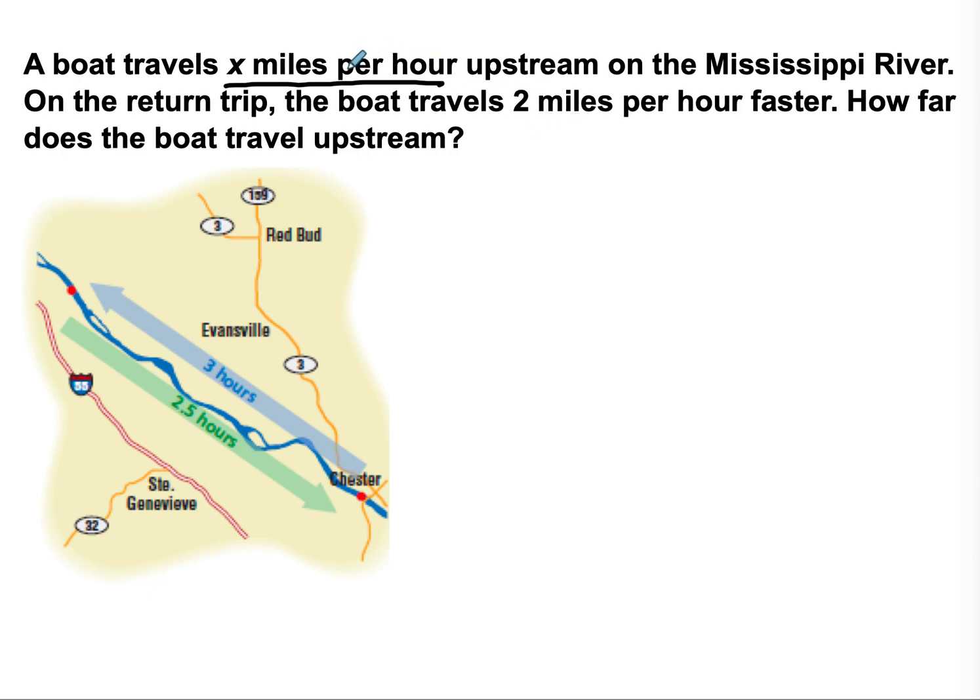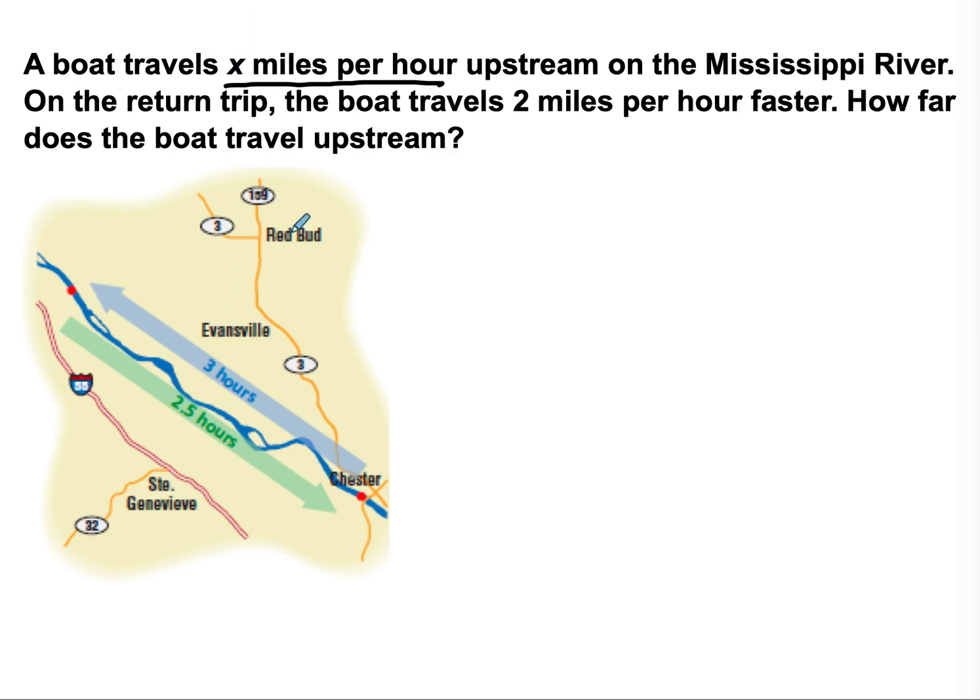Okay, so X miles per hour upstream for 3 hours. So let's say they were going 10 miles per hour. For 3 hours, I would do 10 times 3, that's 30 miles.